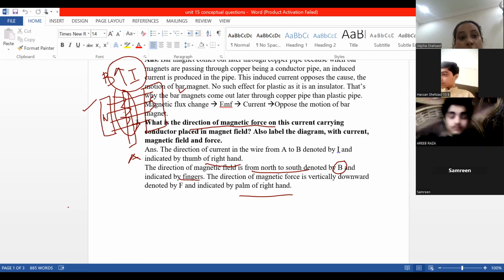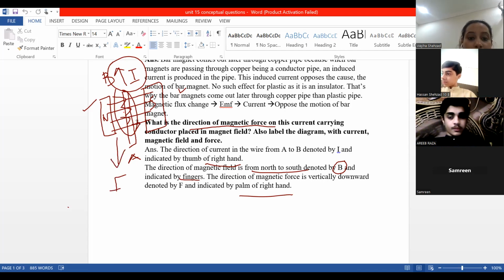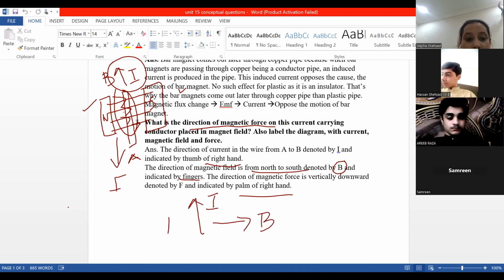So if current is flowing in the upward direction, magnetic field is, we can say, towards the right, from left to right, the direction of force will be downward. So you have to draw the direction of force like this. This is the direction of current, upward. This is the direction of magnetic field, and downward is the direction of force, and this force is known as a magnetic force.